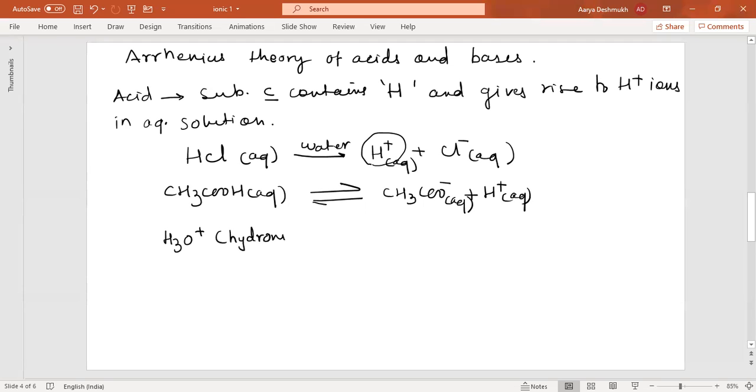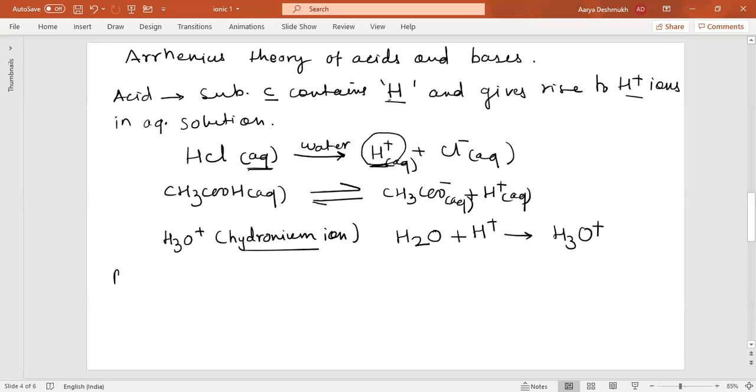So from now onwards we'll be writing hydronium ion instead of H plus ion, because if hydrochloric acid is added into water, the H plus ion from the acid combines with water to form H3O plus, what we call the hydronium ion. So according to this, an acid is a substance which contains hydrogen and gives rise to H plus ion.